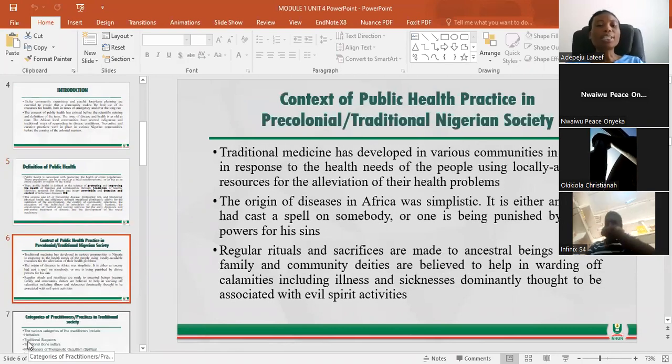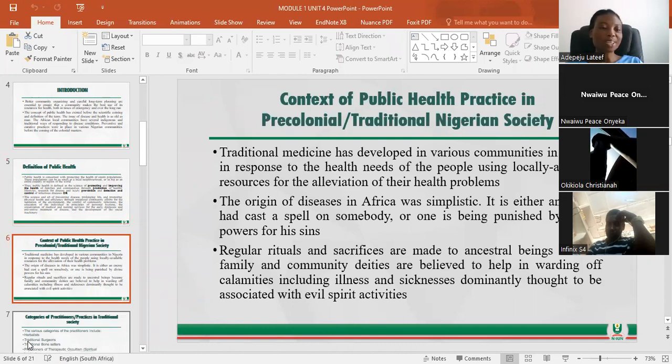So, in the context of public health practice, or when you talk of traditional practice in the society of Nigeria, how would you describe traditional medicine in Nigeria?